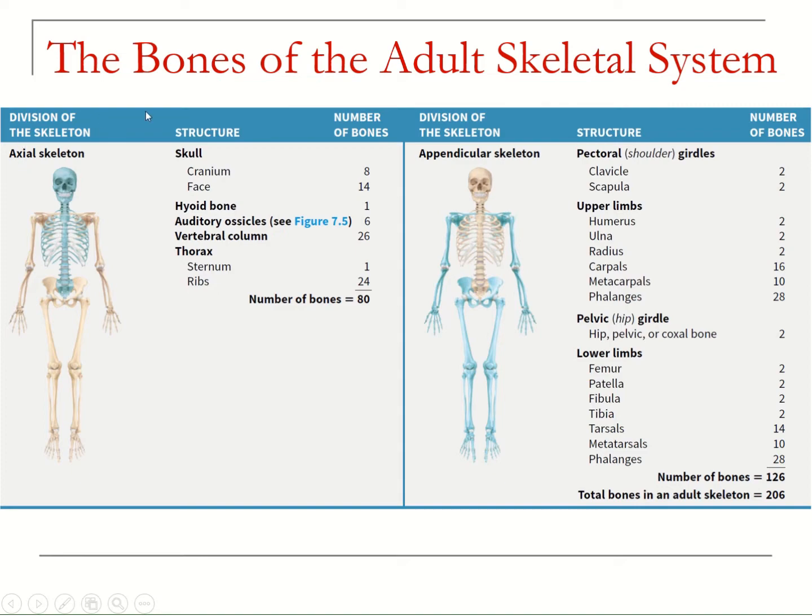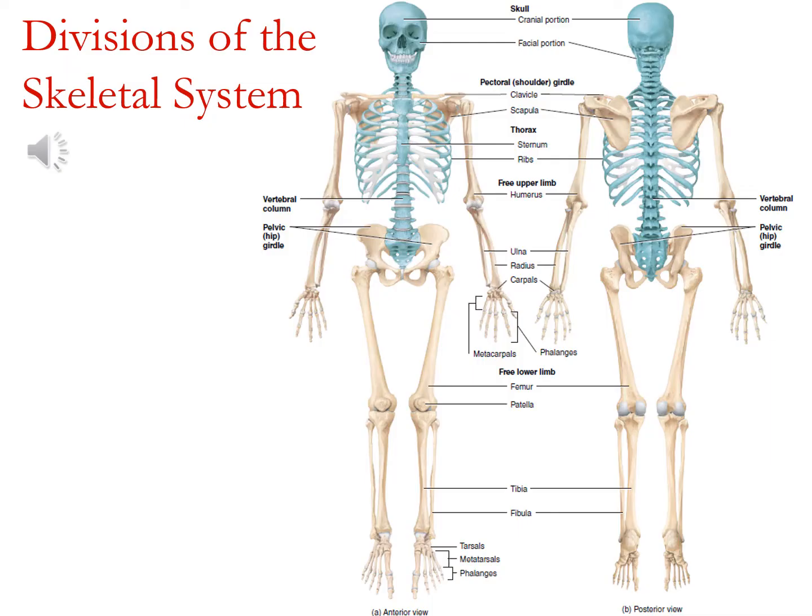So this is a summary of the axial skeleton and the appendicular skeleton. In this particular slide, the ones in color blue are the bones belonging to your axial skeleton, and the ones that are not in color blue are bones that belong to your appendicular skeleton.